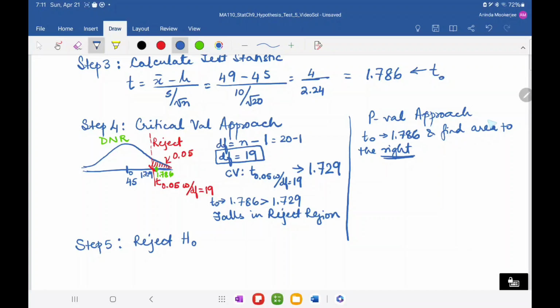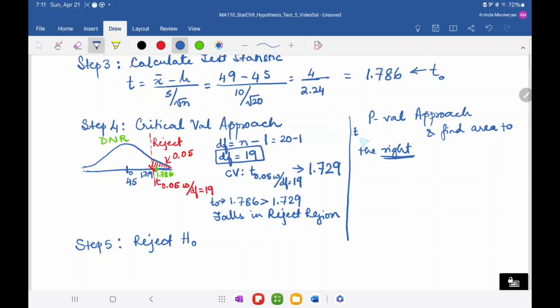So find area to the right, but we need that df value as well. So it's t sub 0 of 1.786 with df. We need to write that as well, so let me rewrite this. Let me do it a little bit differently.